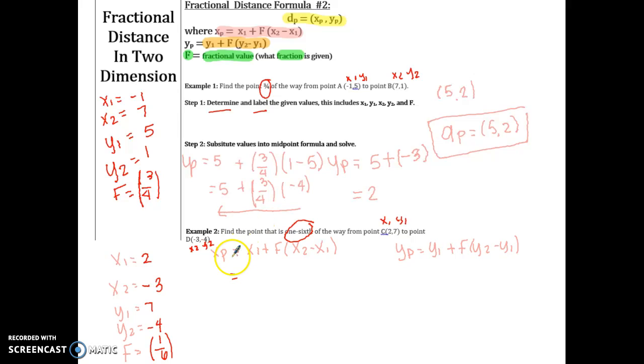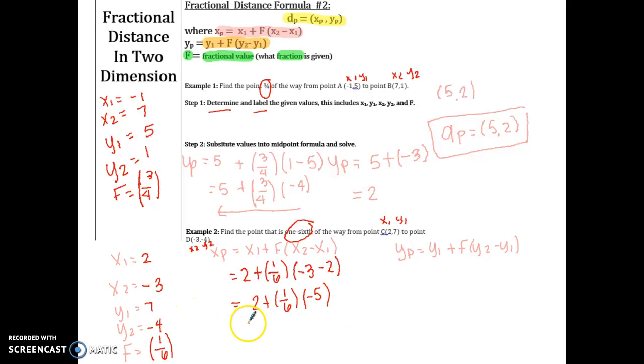We come up here and replace our value, so that is 2 plus 1/6 times (x2, which is negative 3, minus 2). So when we work from right to left, we drop these down first, and negative 3 minus 2 is going to give us a negative 5.